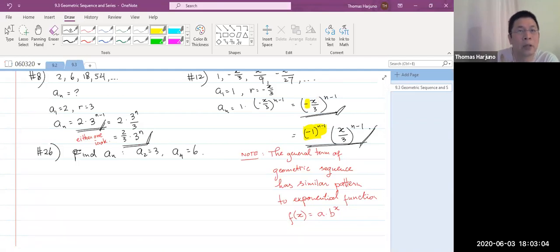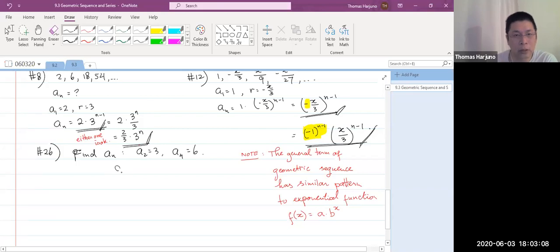Okay. Now then number 26, the second term is 3. The fourth term is the second term times r squared. It jumps twice, right? So you will see 6 equals 3 times r squared, r squared equals 2, r equals square root of 2.